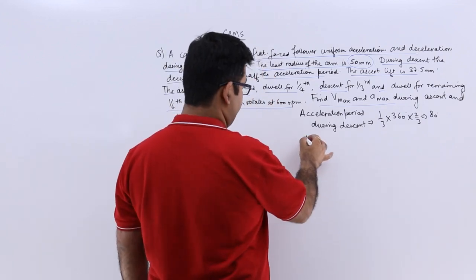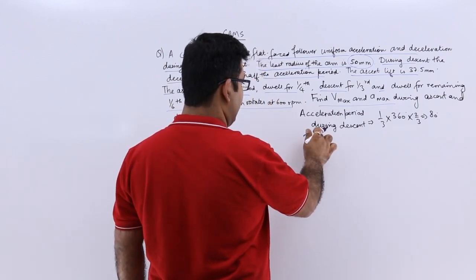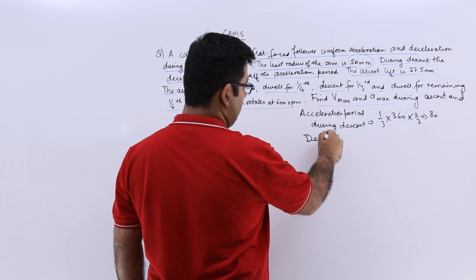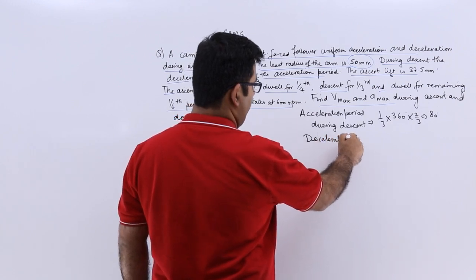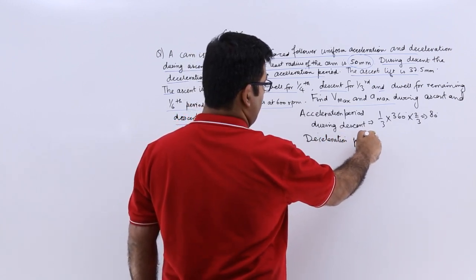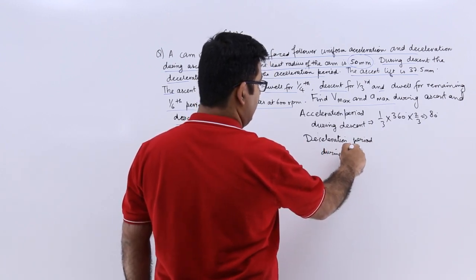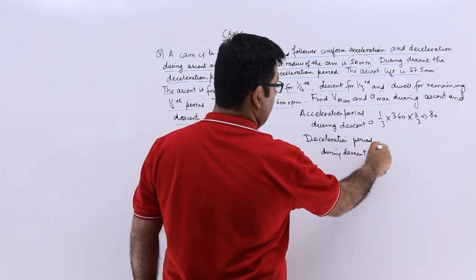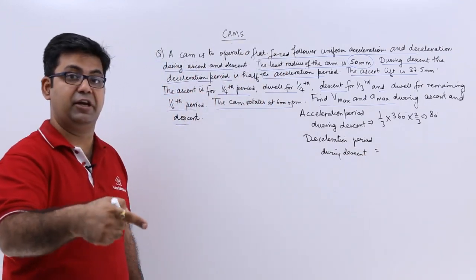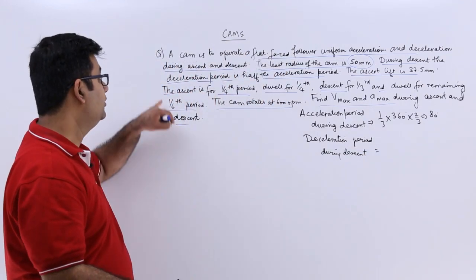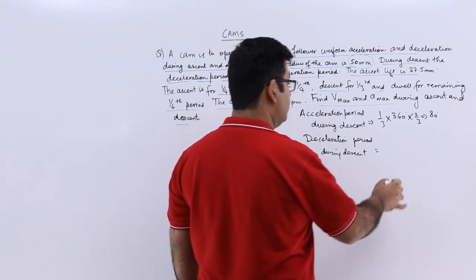This means the deceleration period during descent, which is half the acceleration period, becomes 40 degrees.